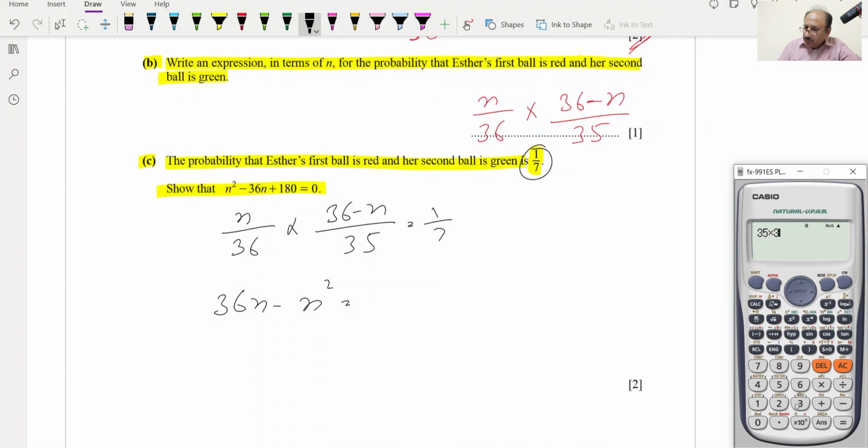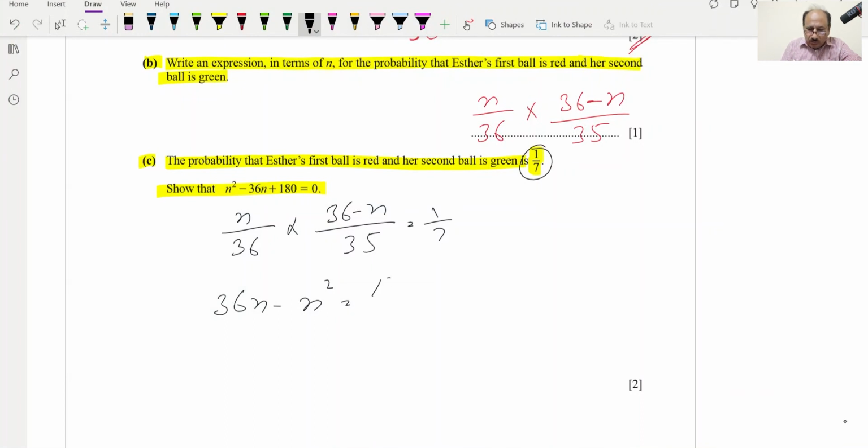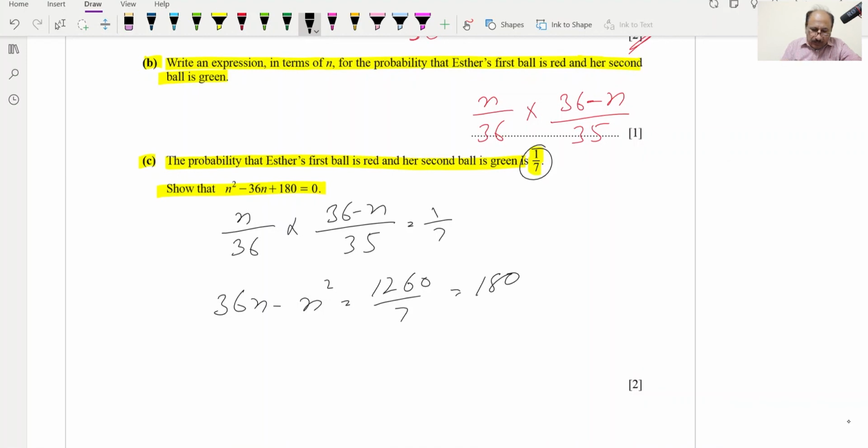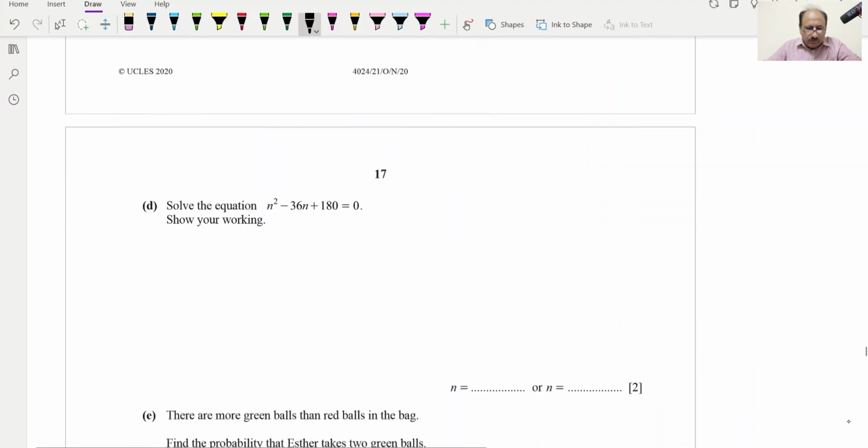So 35 into 36 is equal to 1260, divided by 7 is equal to 180, and we can shift everything to the other side, so it will be n squared minus 36n plus 180 is equal to 0, and this was what we were supposed to show, and this was the 2 marks part which we are done.